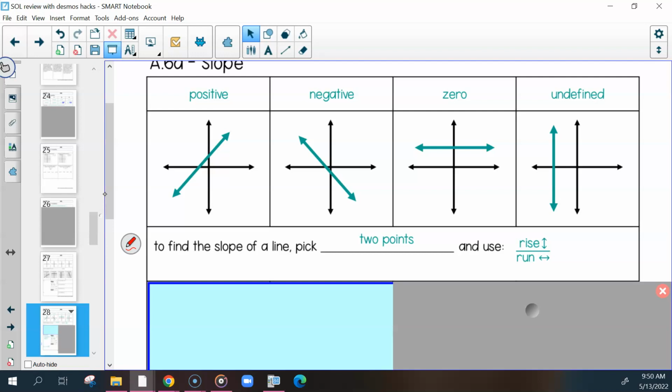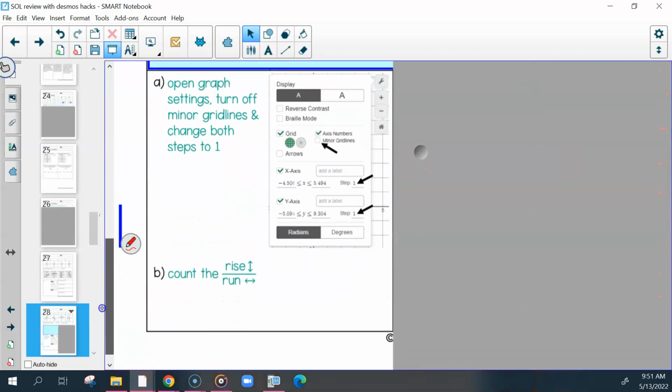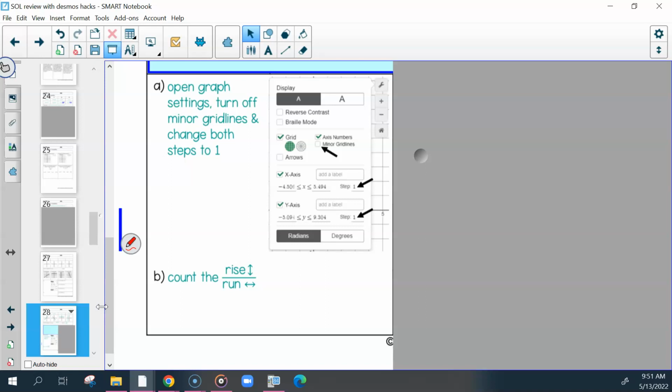And then there's one more thing that I need to show you on this page. Down below where the Desmos picture is, if you open the graph settings and turn off the minor grid lines and change both of the steps to 1, then that may make it easier for you to count the rise over run, or you could just zoom in, either or.